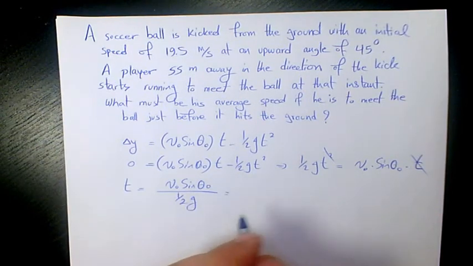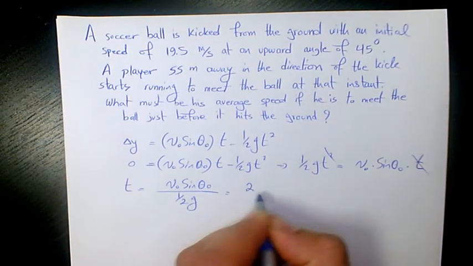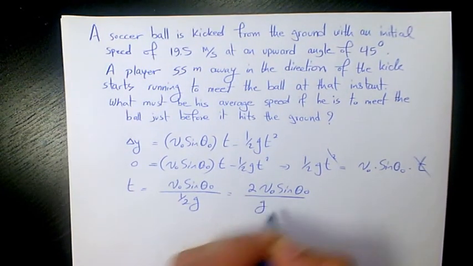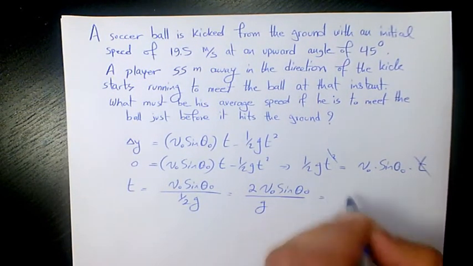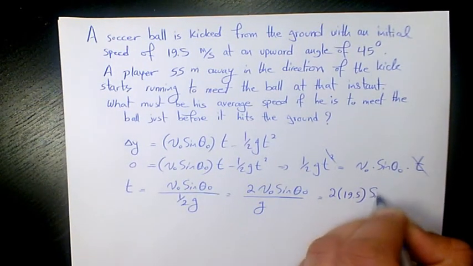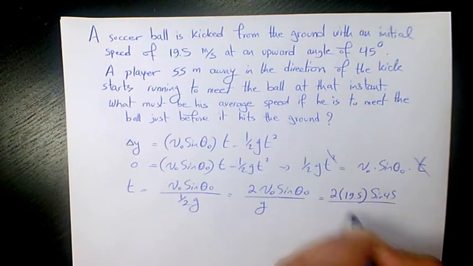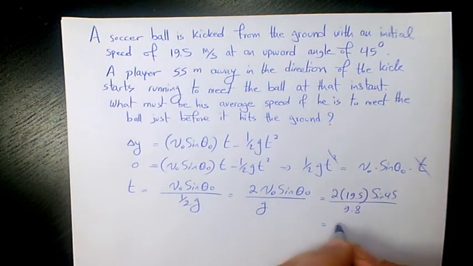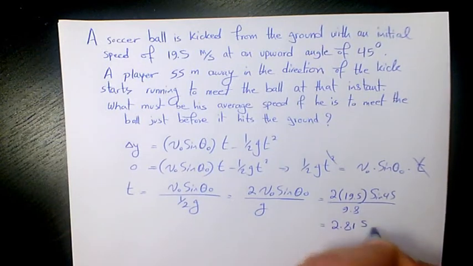Or we can say 2 V naught sine theta naught divided by g. So we have 2 times V naught, 19.5, sine 45, divided by 9.8. That's 2.81 seconds.